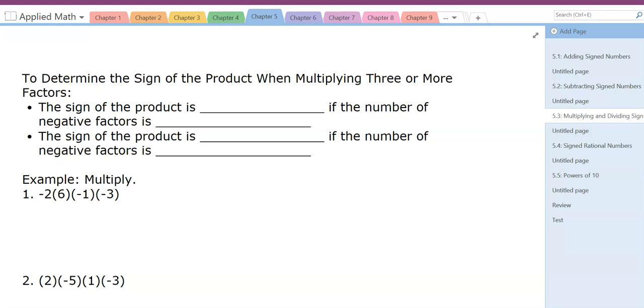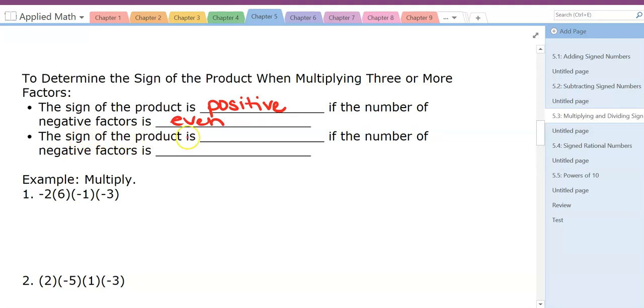So some rules that you can follow: if the sign of the product is positive, so after you've multiplied everything, if you get a positive number, that means the number of negative factors you had in your problem was an even amount. So if I had 2 negatives, 4 negatives, 6 negatives, 8 negatives, even numbers of negative numbers, and I'm multiplying them, I'm going to get a positive answer.